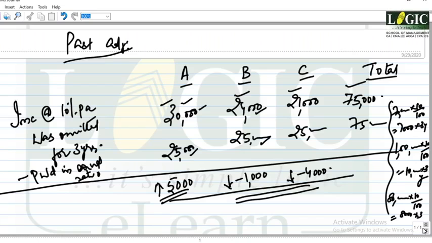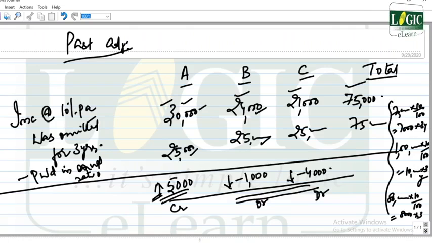So how should we pass the journal entry? Capital has a credit balance, all liabilities have credit balance. So this person should get more, which means he should be credited. This person's balance should be reduced, which means he should be debited.